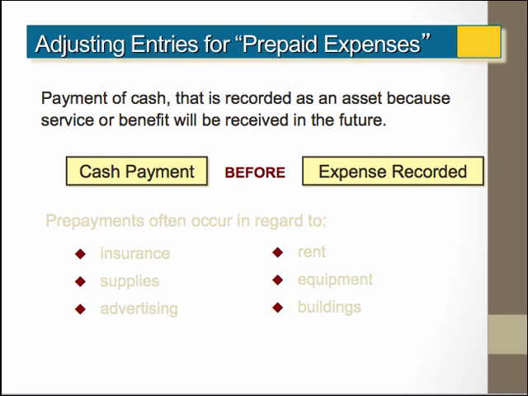If we pay for an insurance policy that's going to last for a year, we are planning to defer the recognition of the insurance expense until we actually use the insurance. If the insurance policy is for 12 months, we need to recognize the insurance being used each month. Therefore, we need to make an adjusting journal entry to reduce the prepaid insurance account as we progress through the year.